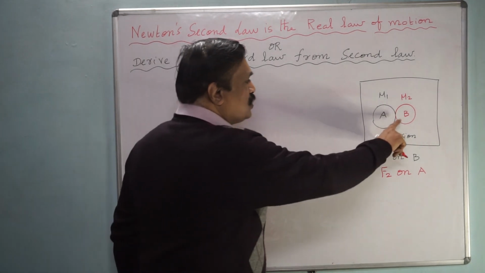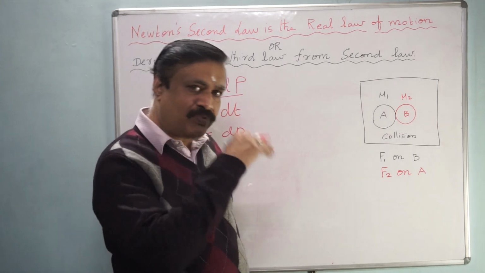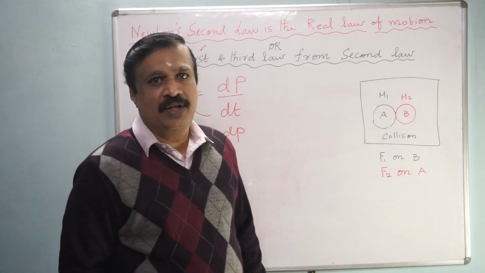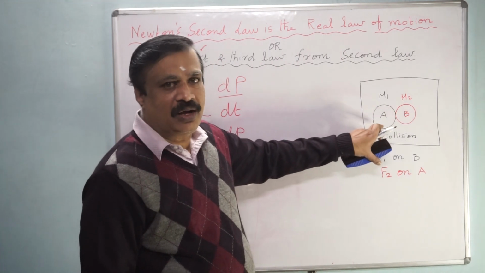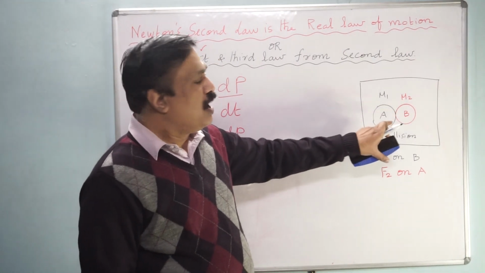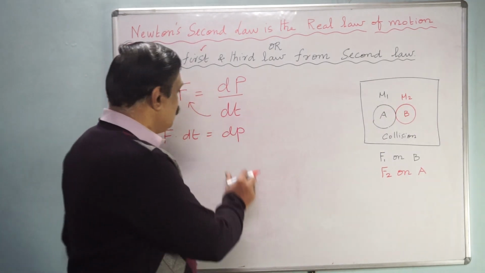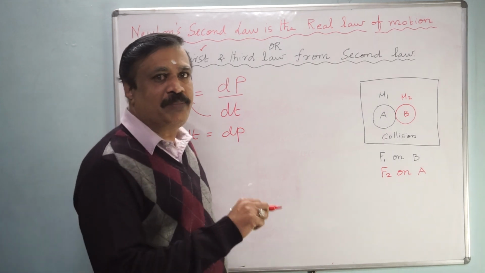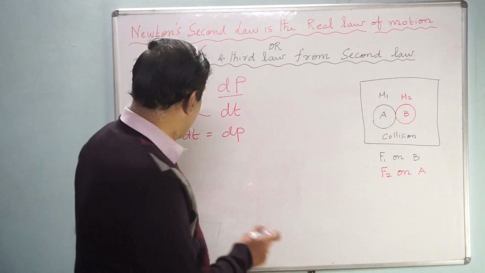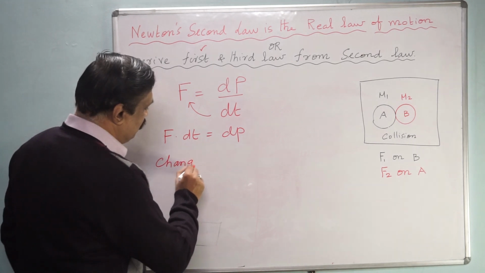Now, due to this collision, the velocity may change for A as well as for B. Therefore, you can write the change in momentum of this sphere and the change in momentum of that sphere. For one particle dP1, for another particle dP2.